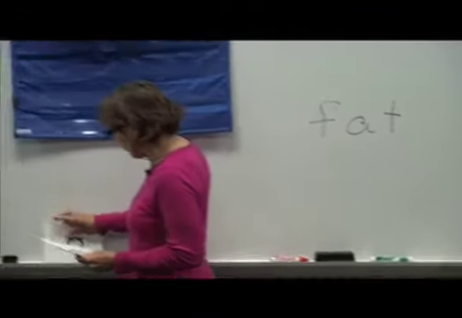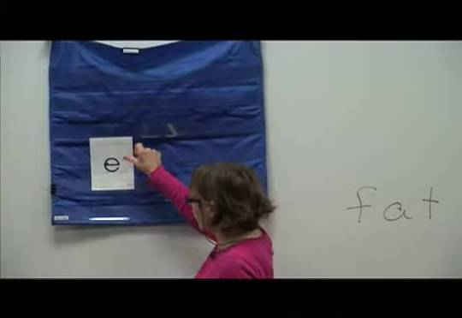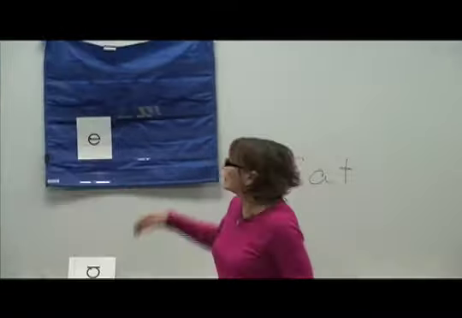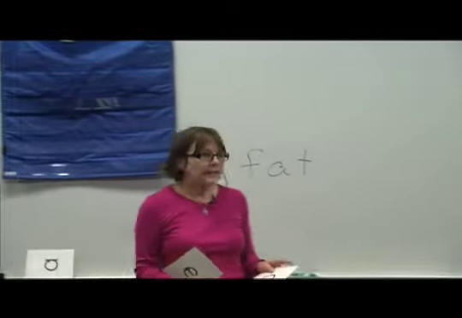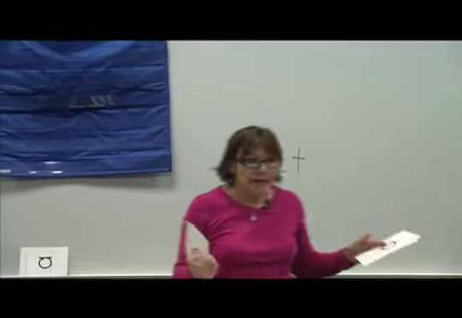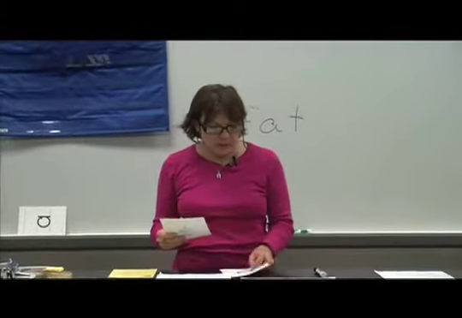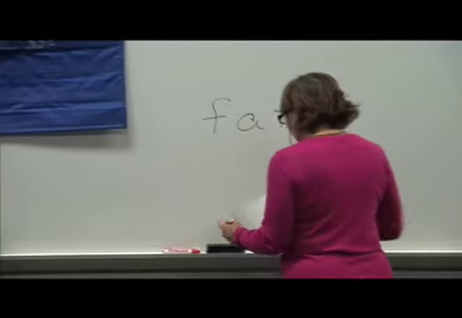I then teach the vowel E. The sound of the short E is eh, like in the words yet, get, met, let, and there's a word family for you. Another ET ending. All I do then is change the consonant.